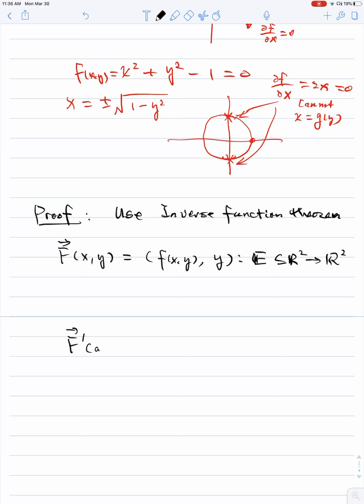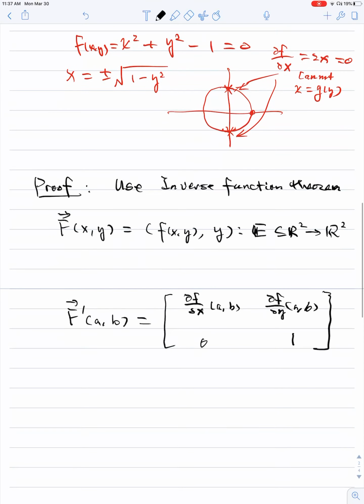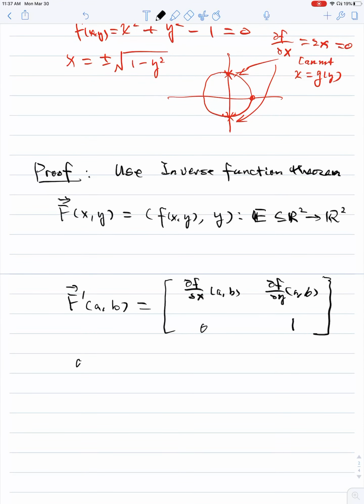Now, if we look at the derivative of this function at (a, b), this would be the matrix: df/dx at (a, b), df/dy at (a, b), and then dy/dx, which is 0, and dy/dy, which is 1. So now we know that the determinant of this matrix at (a, b) is just df/dx at (a, b).